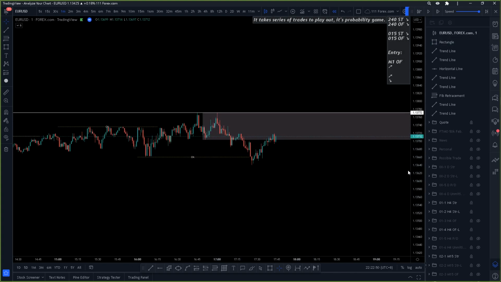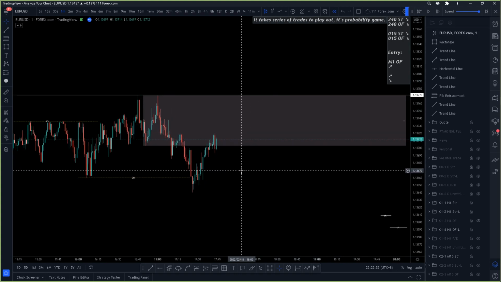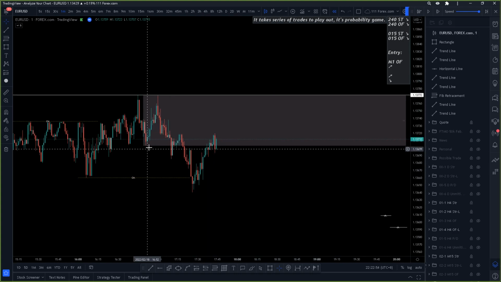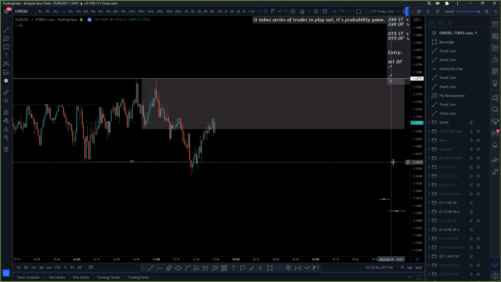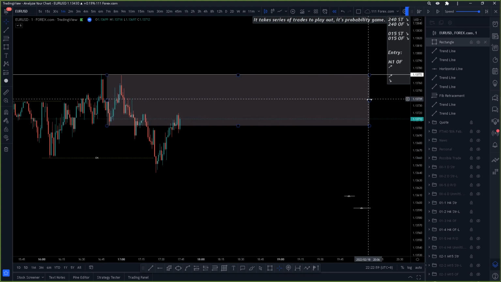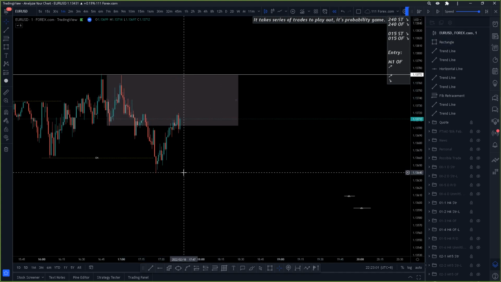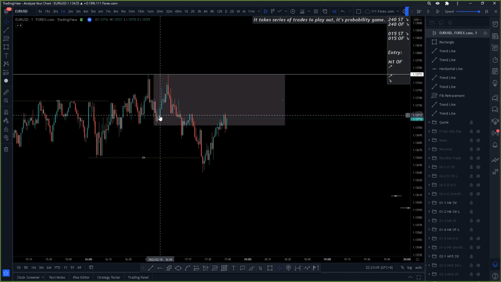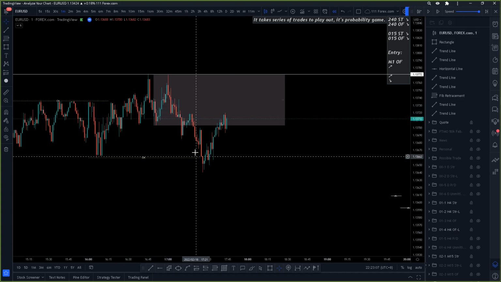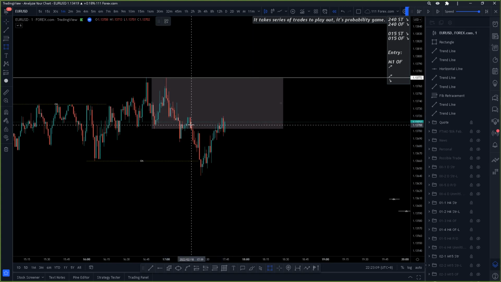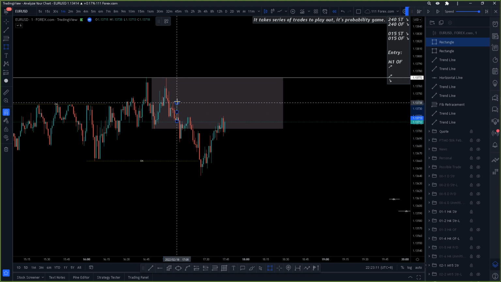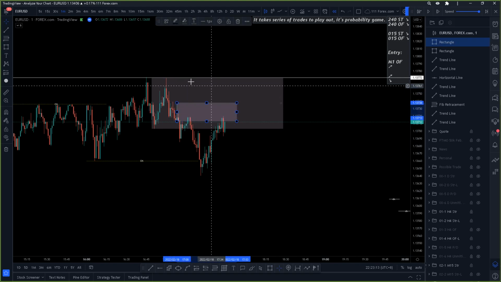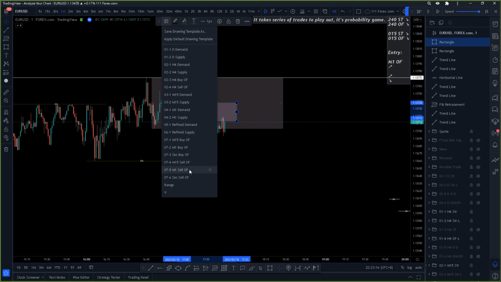Last buy to sell that has broken the structure. Demand sell. So this will be its flip, and M1 order flow.